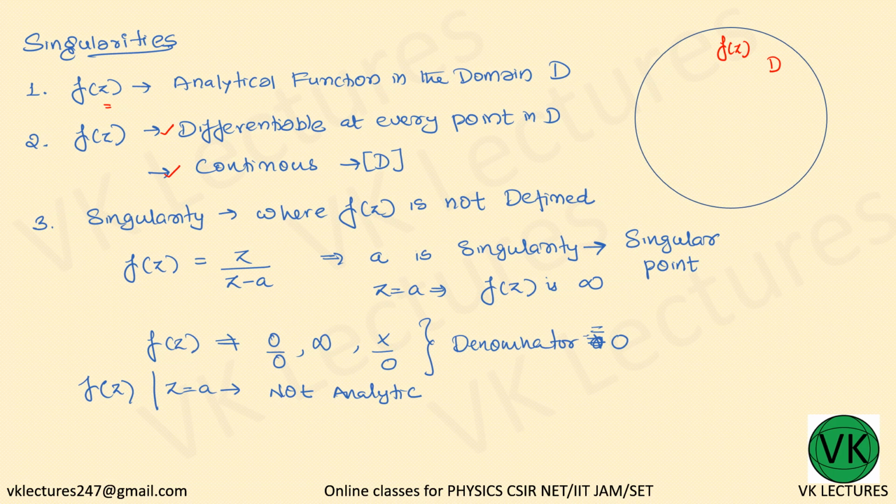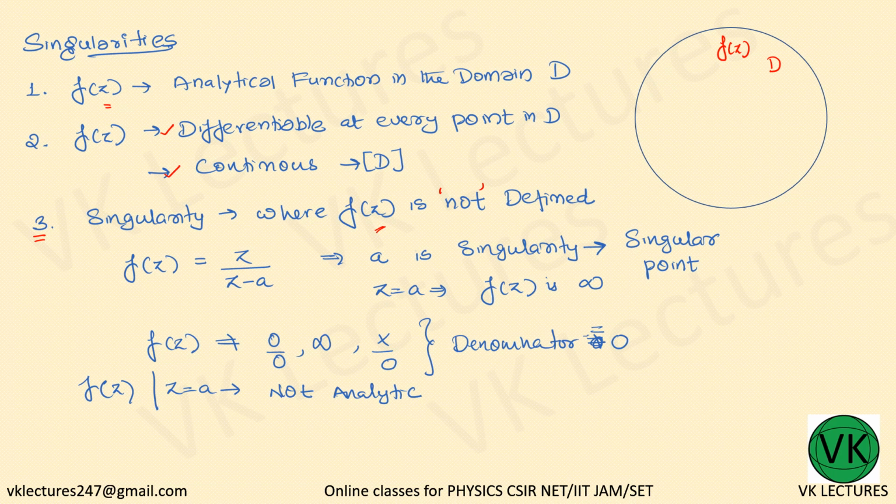So every point in this domain is differentiable and at that particular point it is continuous. Now what do you call a singularity? Singularity is when f of z is not defined, when you cannot define the function f of z at a particular point, then we say that there exists a singularity.